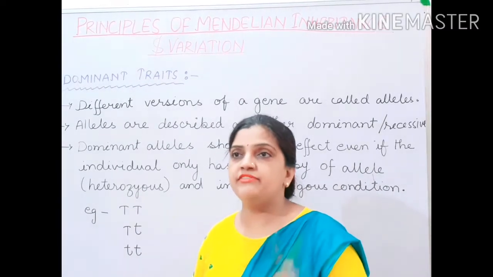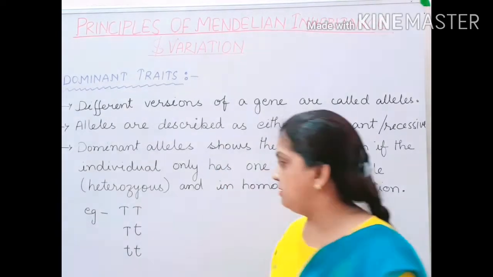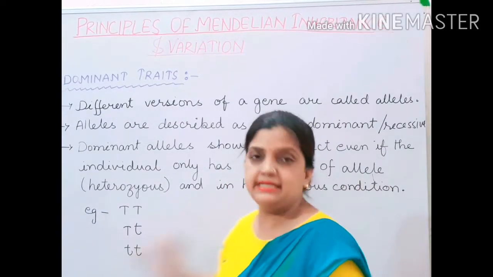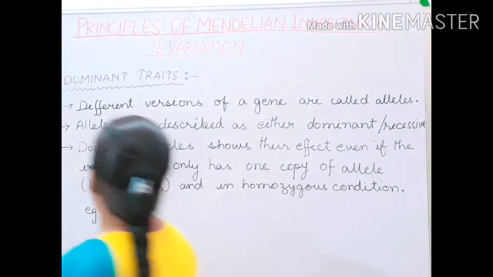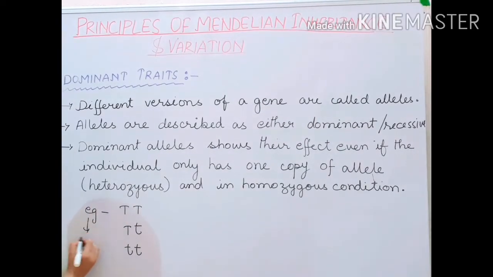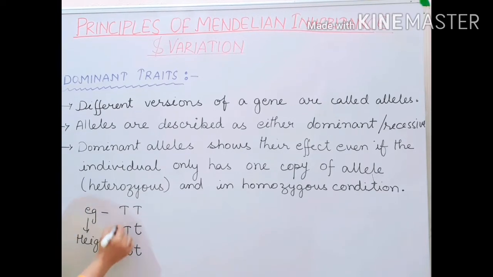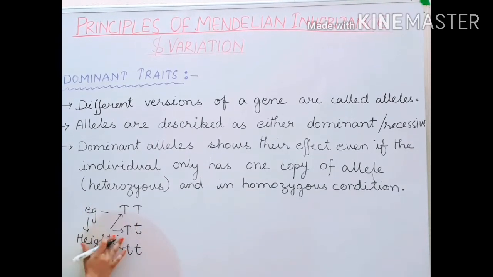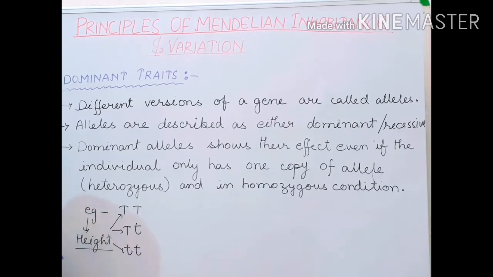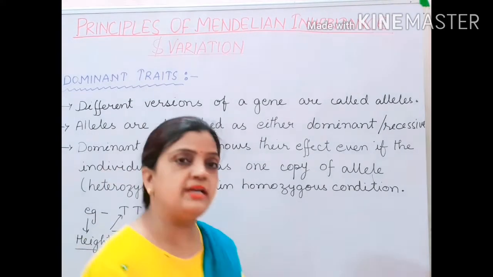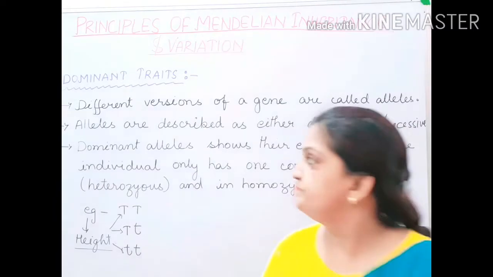Now children, if I take the same character as an example, height, if I take the trait for height, and for height I have taken 3 genes. Taking this example, I will explain everything.